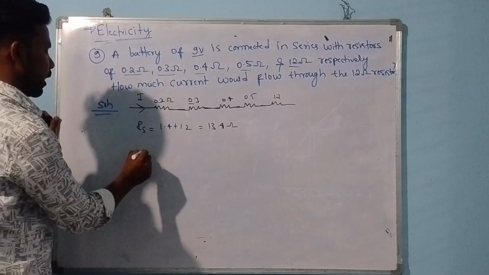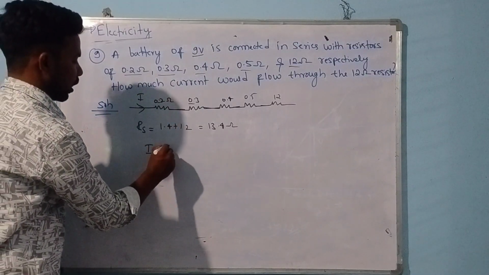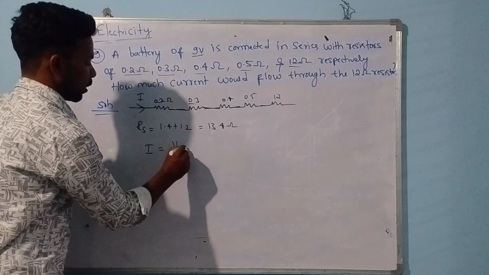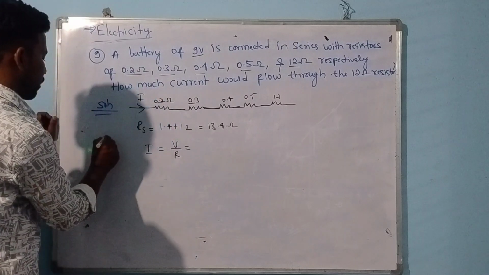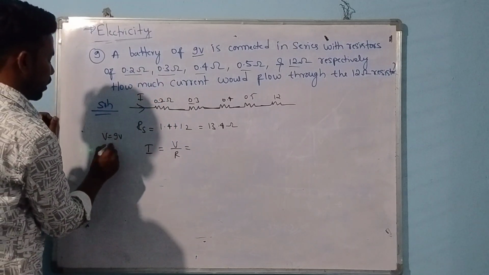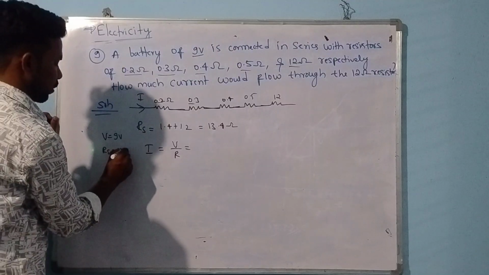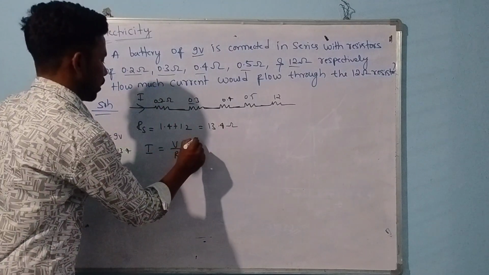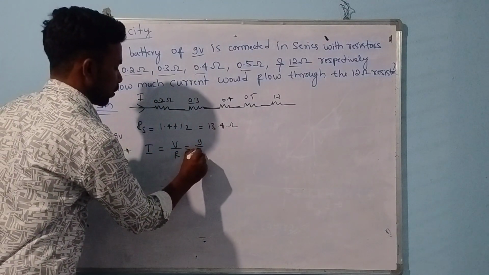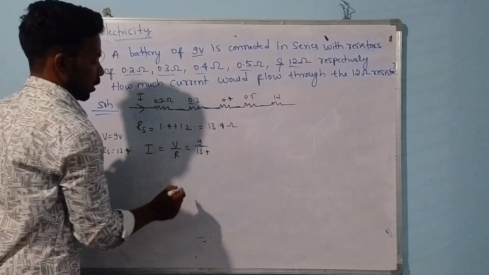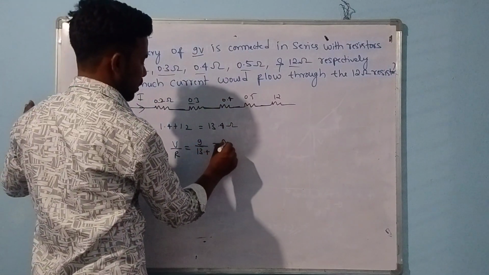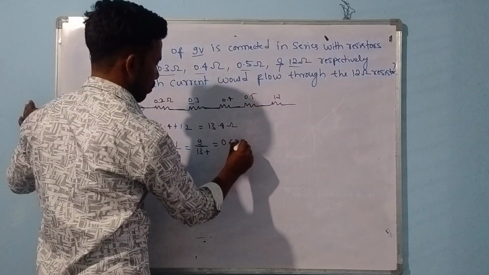What are they asking? Current. According to Ohm's law, current is equal to V by R. V is given as 9 volt, and R we got 13.4. So 9 by 13.4. If you simplify, you get 0.67 ampere.